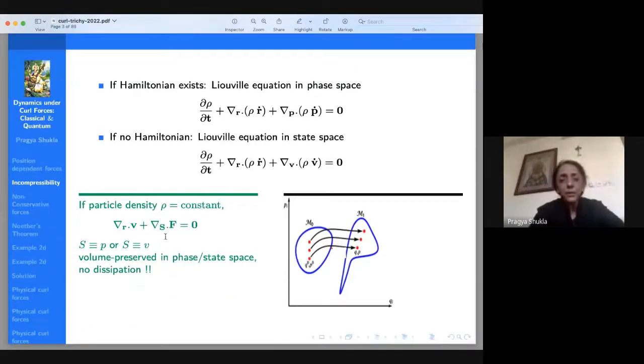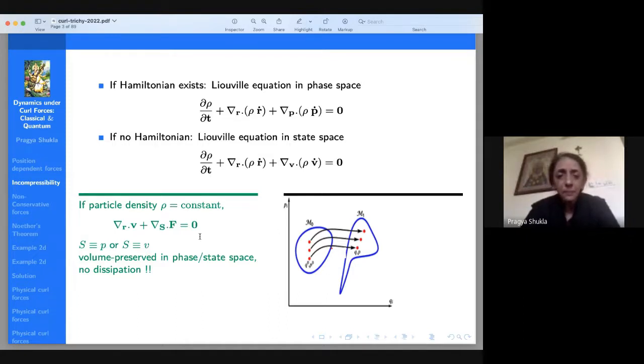The only difference is the derivative with respect to s. In one case, s is p. In the other case, s is v. This is also called volume preservation. So in the case of no Hamiltonian, the volume is preserved in state space. In the other case, volume is preserved in phase space.